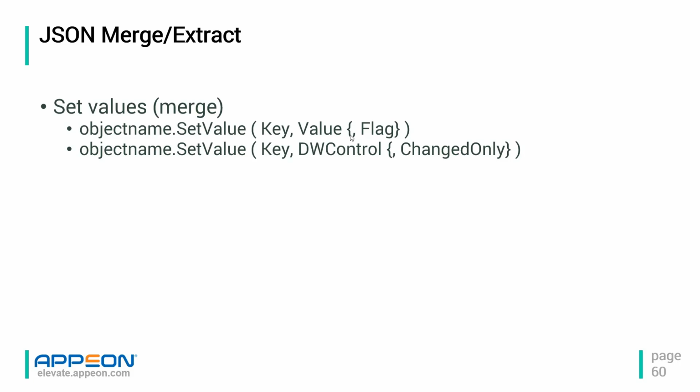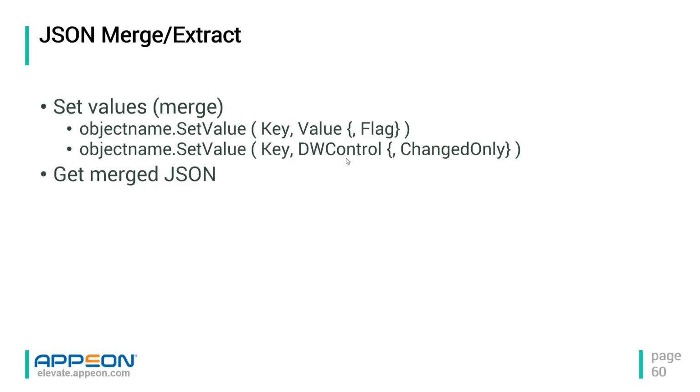Now you can either get the JSON from the DataWindow and then send it in here, or you can actually just give it the name of the DataWindow, and the JSON packager will extract the data from the DataWindow and set it to the key.